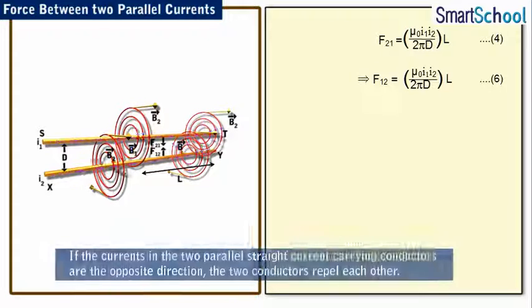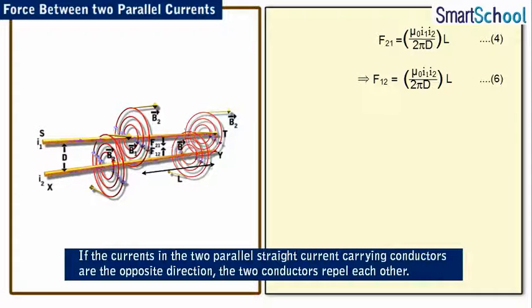On the other hand, if the currents of the two straight parallel conducting wires are in opposite directions, then the forces exerted by the conductors on each other are equal in magnitude but repulsive in nature. Thus, they repel each other.